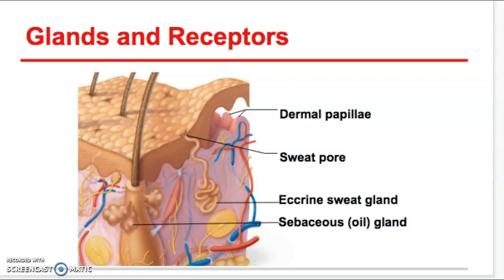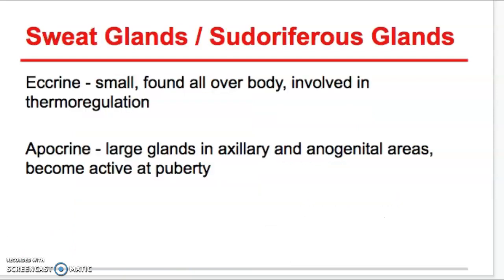The apocrine glands are only found in the axillary, so that's the armpit, and the anogenital regions, where the anus and the genitals are. They become active at puberty. There's a difference in the way that eccrine and apocrine sweat glands release sweat through the pores.